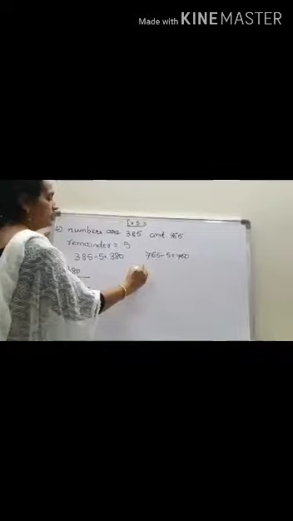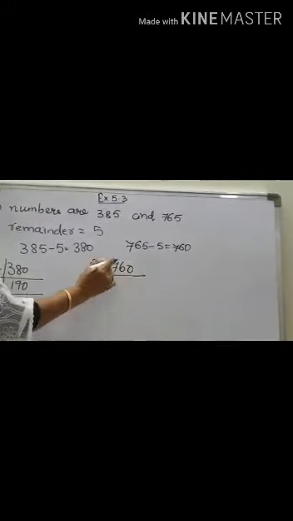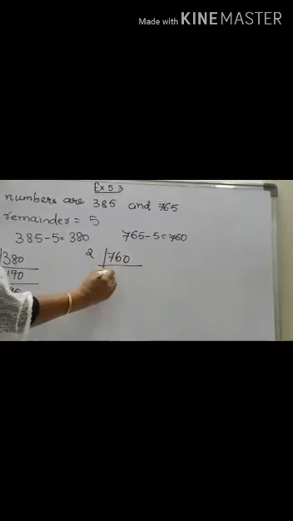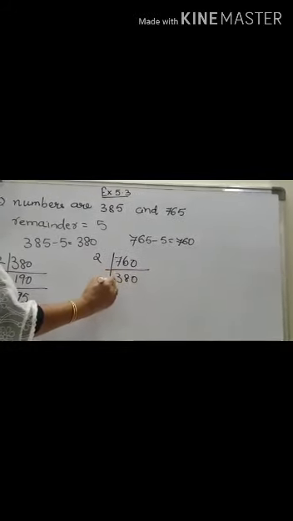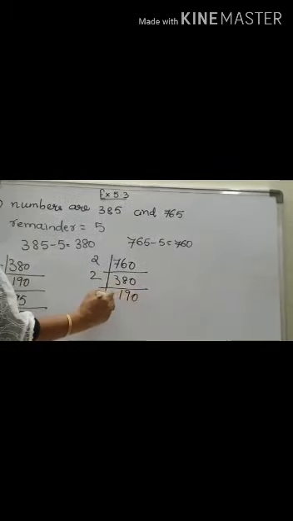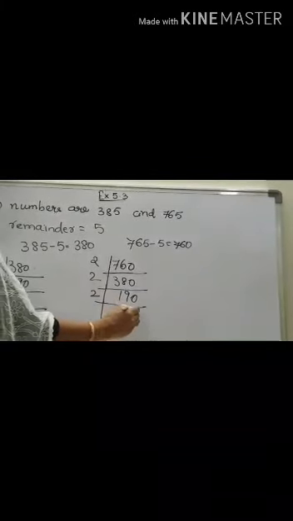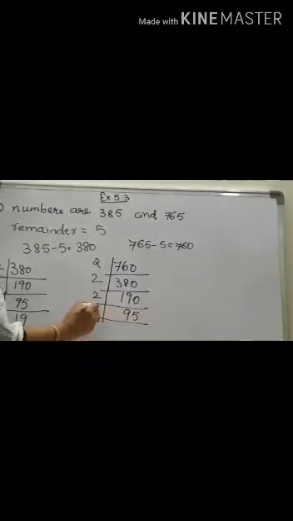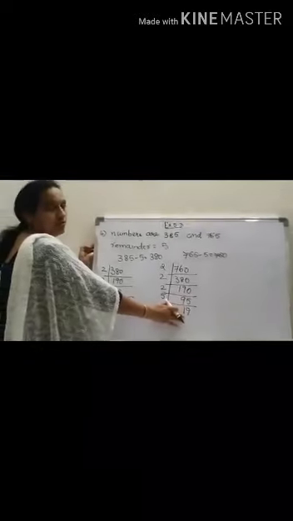Now 19 is a prime number, so we cannot divide 19 further. Now 760. Find out the factors for 760. Again 2, because the ones place is 0. 2 3s are 6, 2 8s are 16, 0. 2 190s are 380, 2 95s are 190, and 5 19s are 95. Again 19 is a prime number, so we cannot divide further.